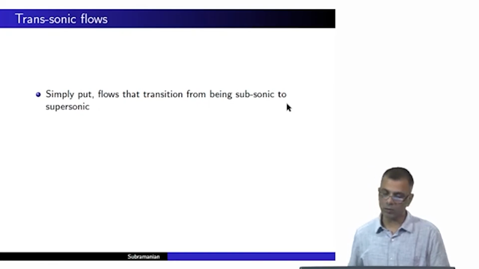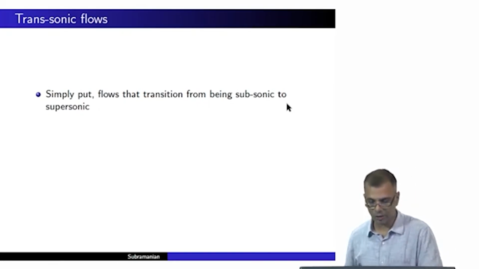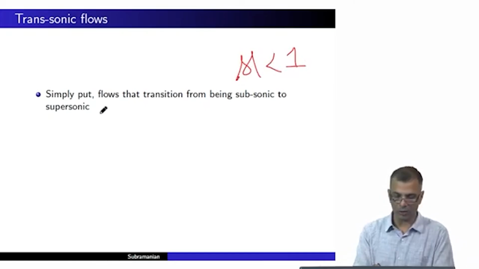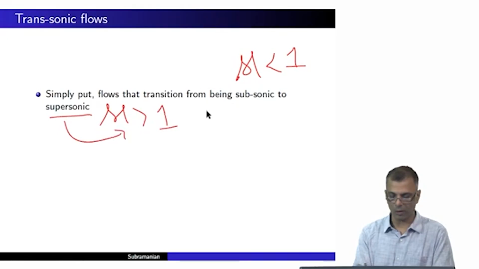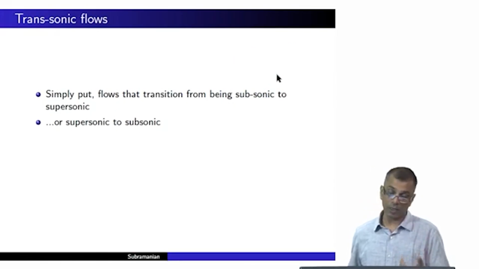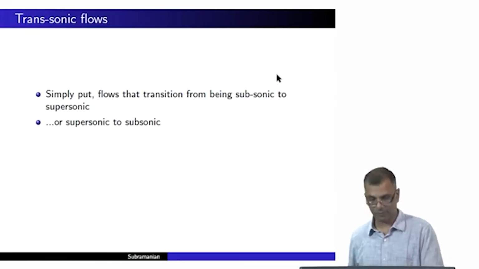Simply put, flows that transition from being subsonic, in other words, Mach number less than 1, to supersonic, Mach number greater than 1. Or, for that matter, supersonic to subsonic, either way.